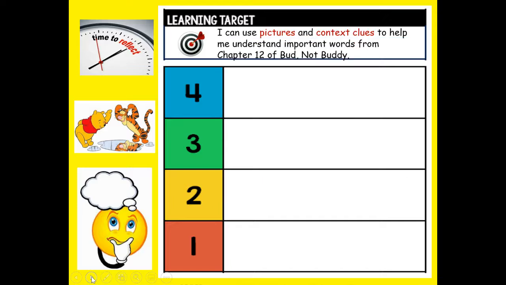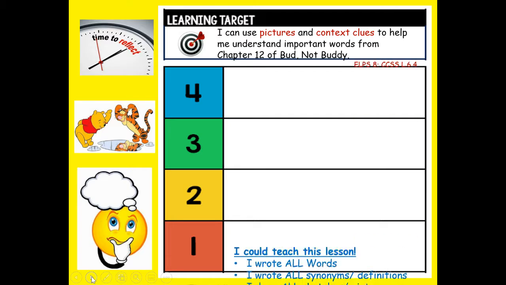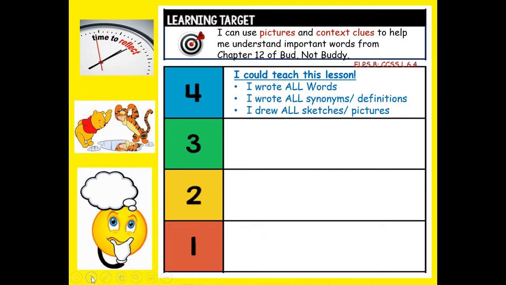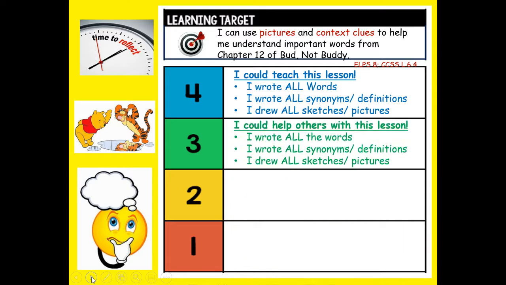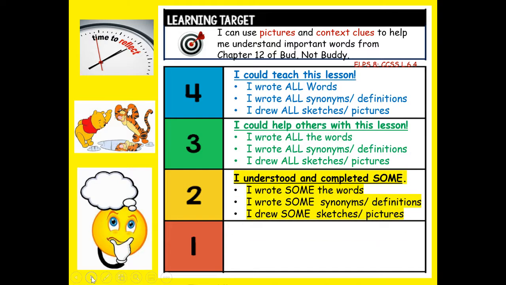All right, time to reflect on our learning target. I can use pictures and context clues to help me understand important words from chapter 12 of Bud Not Buddy. 4, I could teach this lesson. I wrote all the words, all the synonyms, all the sketches. 3, I could help others with this lesson. 2, I understood and completed some.